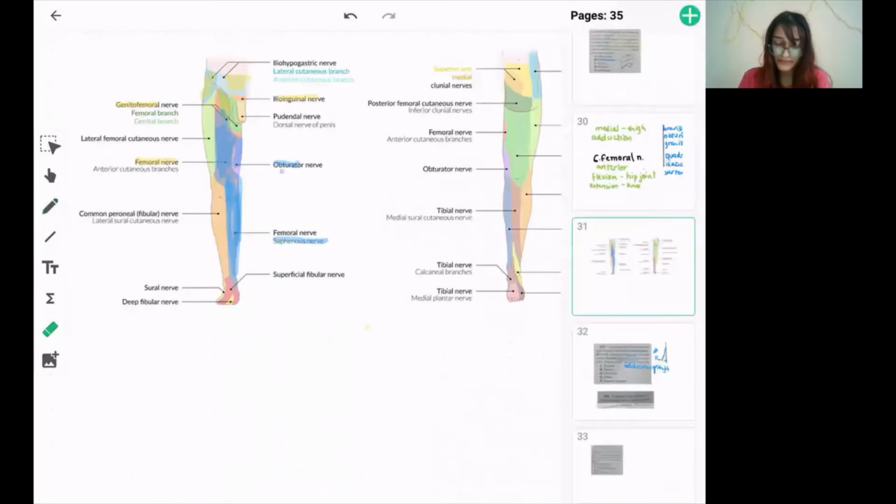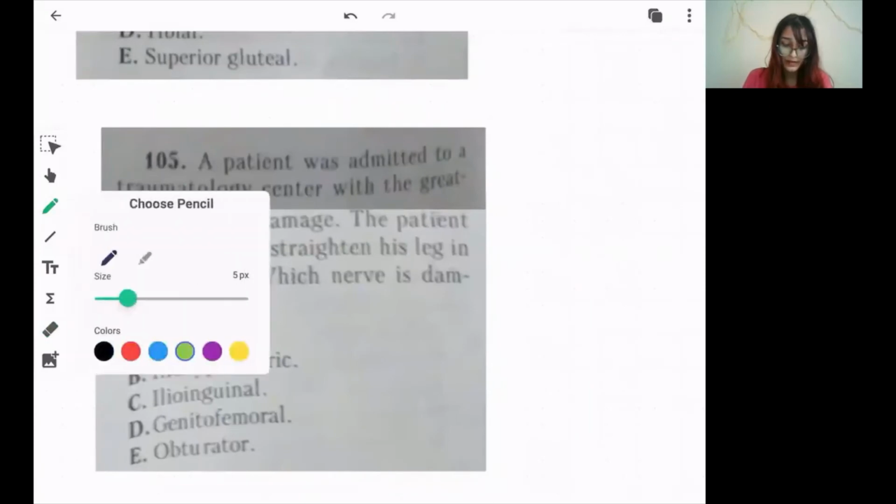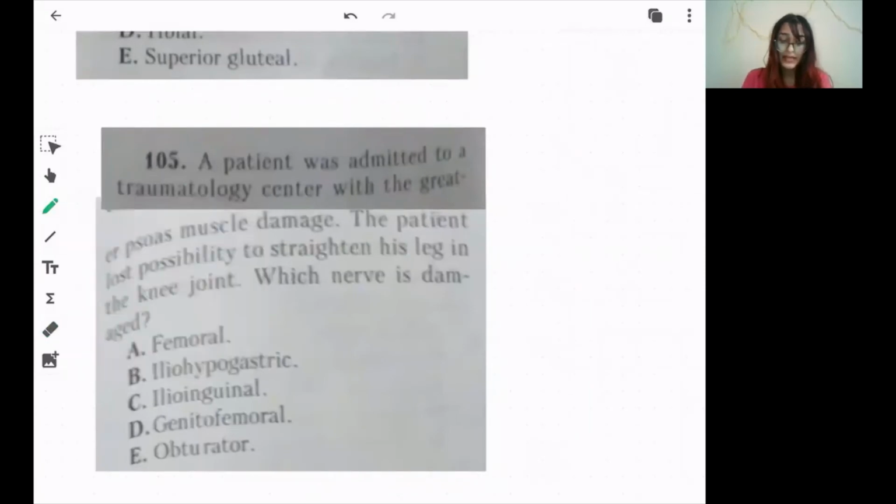So in the next question, the patient has damaged the psoas major muscle and he cannot straighten or extend his leg at the knee joint.